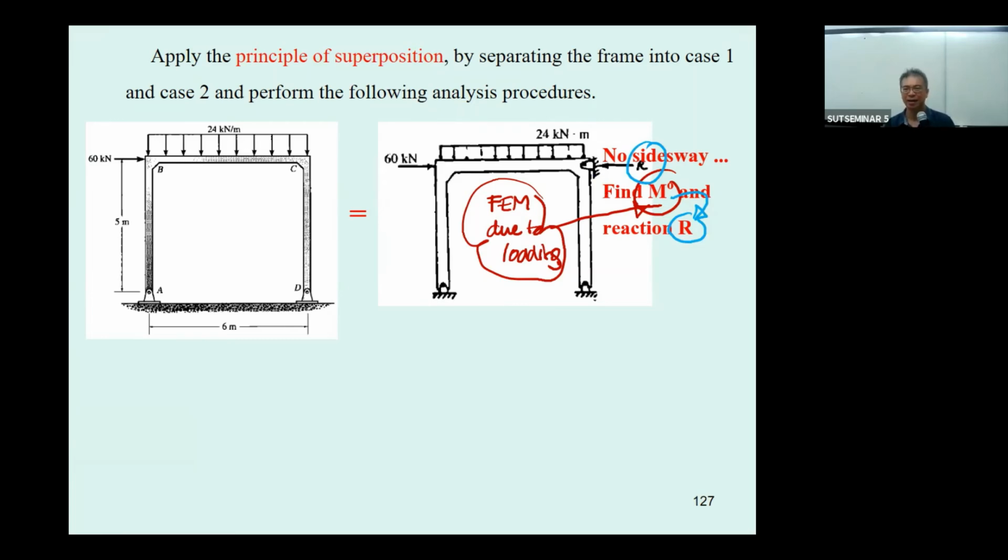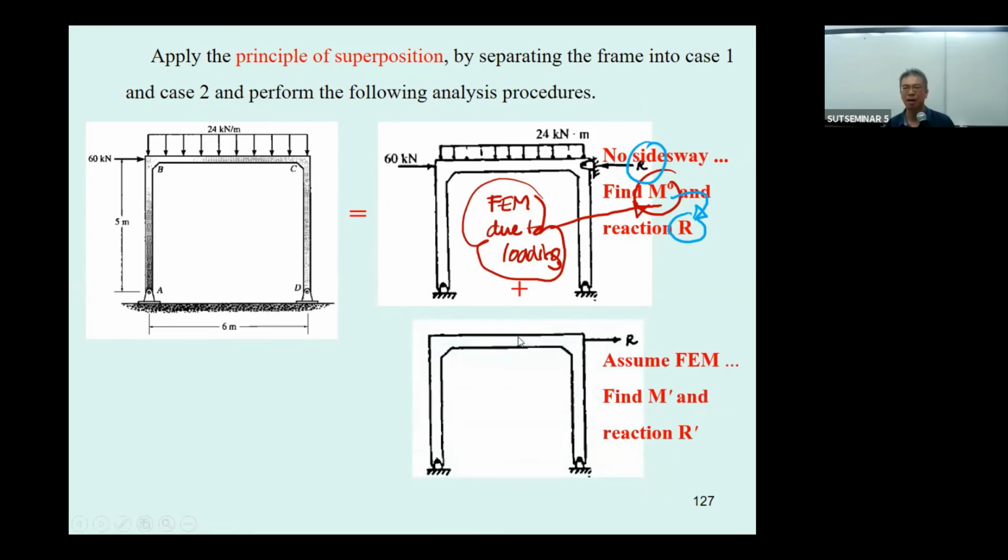Okay, and then this one must be added to another frame. By doing this, we are having the delta. So since we don't know the delta, we have to assume the sidesway. Okay, assuming the sidesway is not convenient.